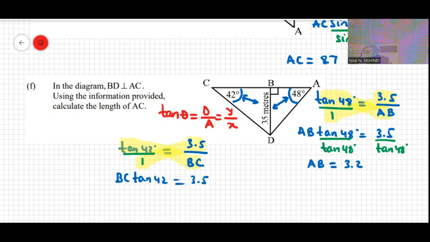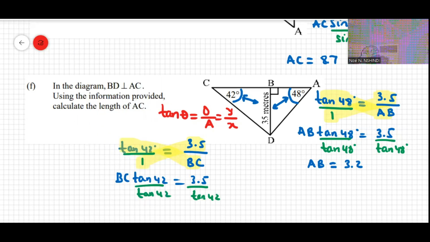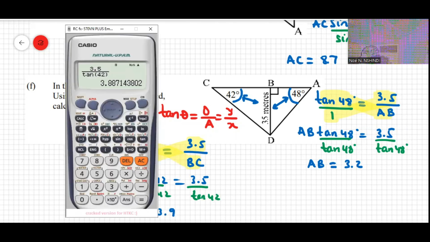Now to get the value of BC, we divide both sides by tan 42. Let's use our calculator. This is equal to 3.9, so BC is equal to 3.9, rounded to the first decimal place.